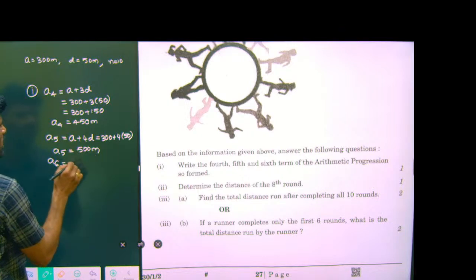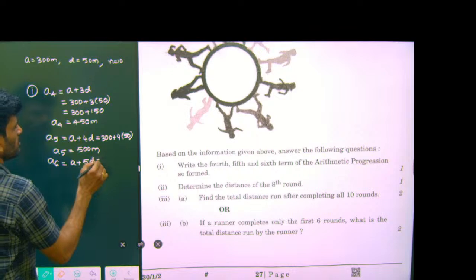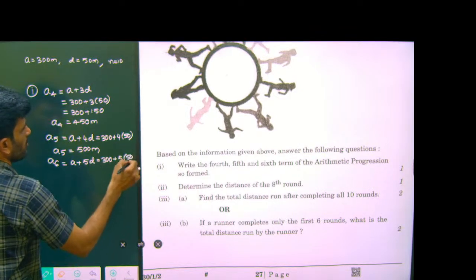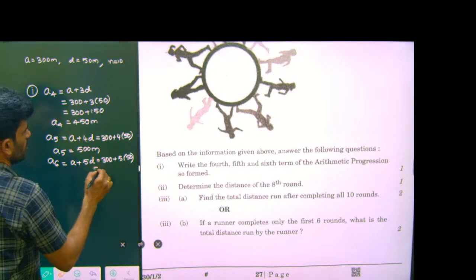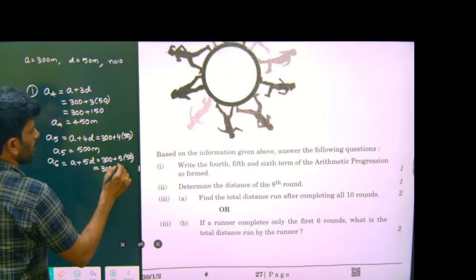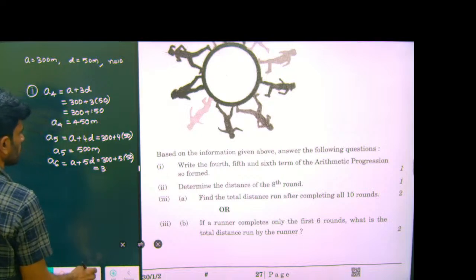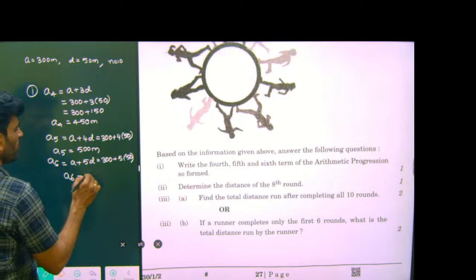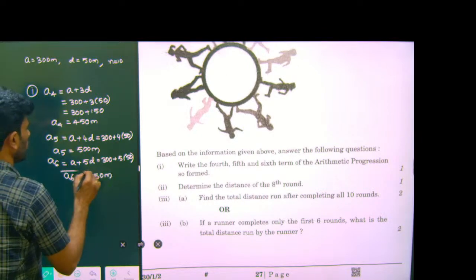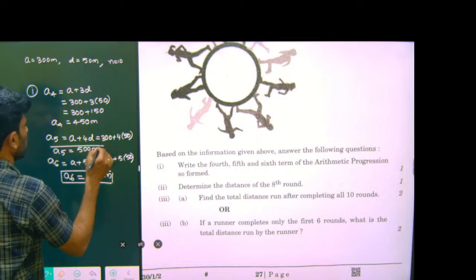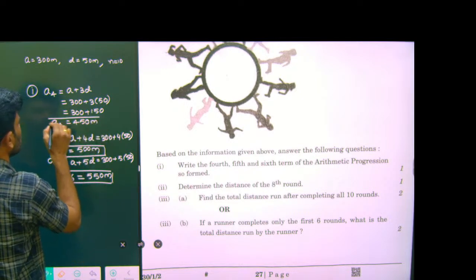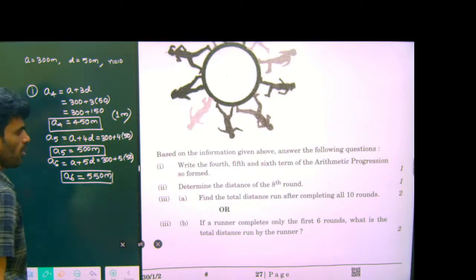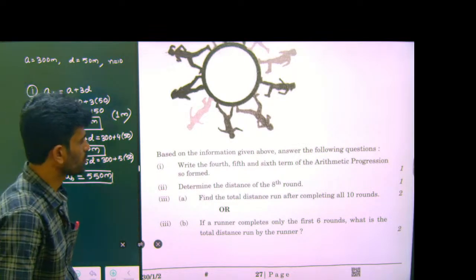A6 is equal to A plus 5D, 300 plus 5 into 50, which is 300 plus 250. So A6 is equal to 550 meters. These are A4, A5, A6. This is for 1 mark. Hope all of you have got this first question correct.